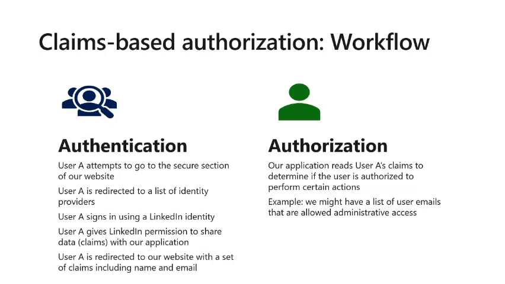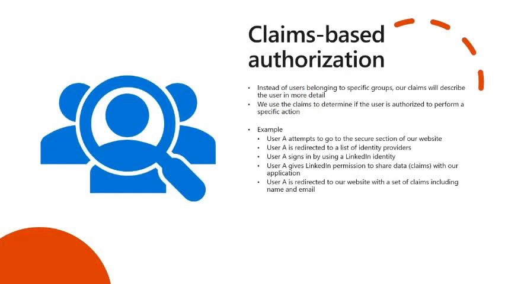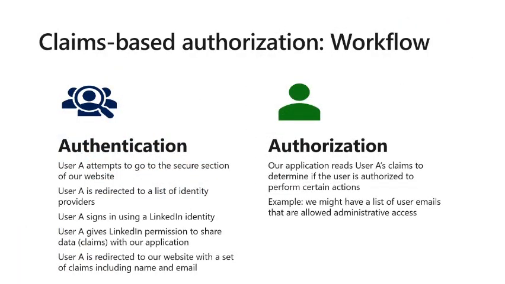So authentication: user A attempts to go to the secure section of our website. User A is redirected to a list of identity providers as we did in the previous step, and then user A signs in with one of the identity providers, let's say Facebook, and the user gives permission to Facebook to share his data with our application, and now our application has claims of that user.